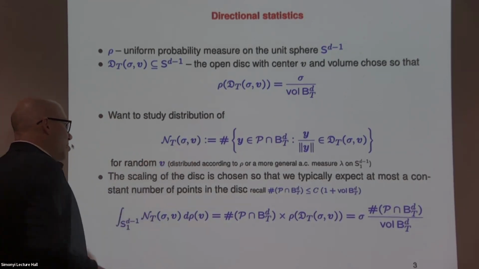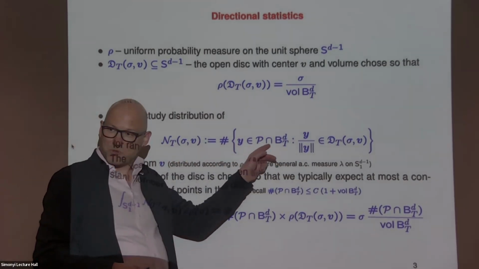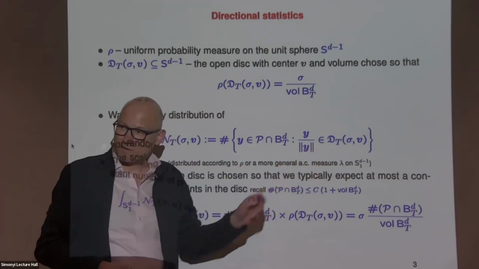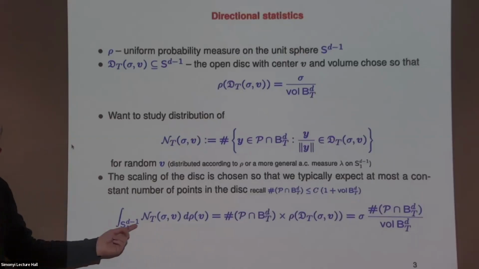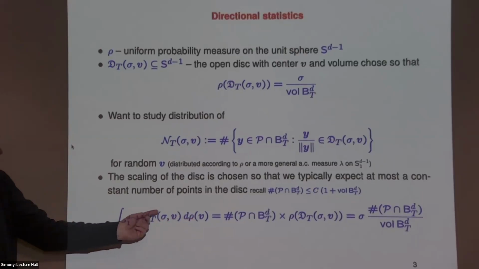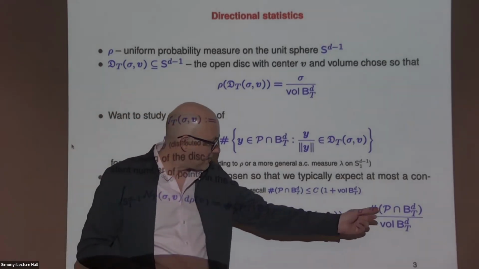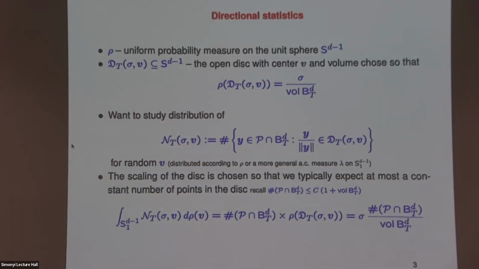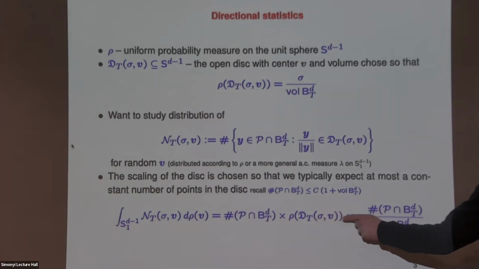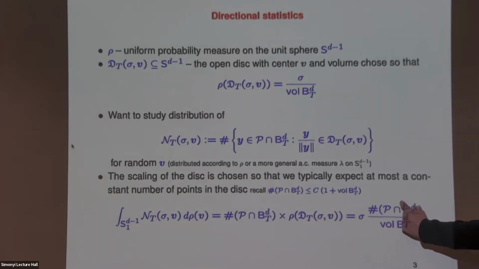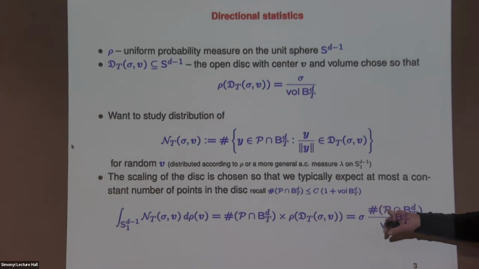If I now ask what is the number of points in my projected point set that fall into this disk D, and I take the expectation value of the number of points, you can work out that it's exactly sigma times the number of points divided by the volume of B_T. And because I've chosen the volume of the disk in this way, this number grows like the volume. That was my assumption, right? So this number is at most finite.